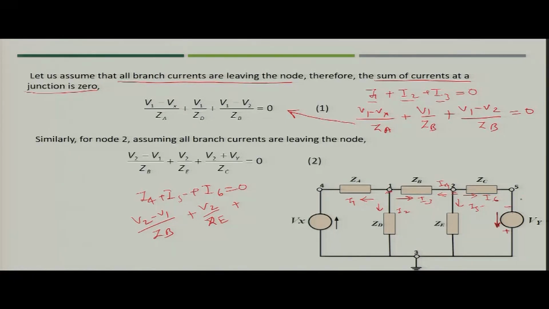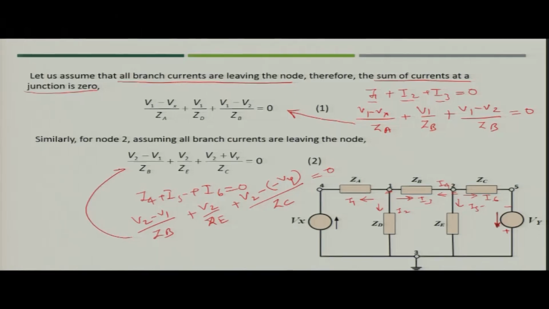So, here you can write V2 minus of minus Vy divided by ZC, that would be current I6, and then it will be equal to 0.